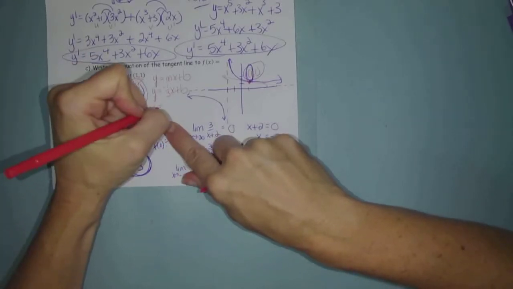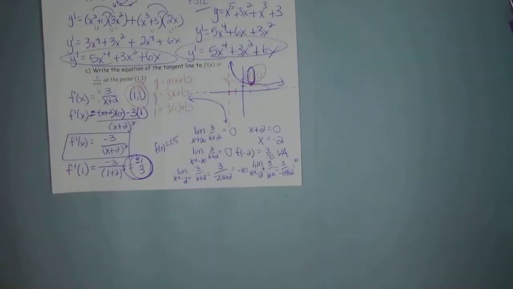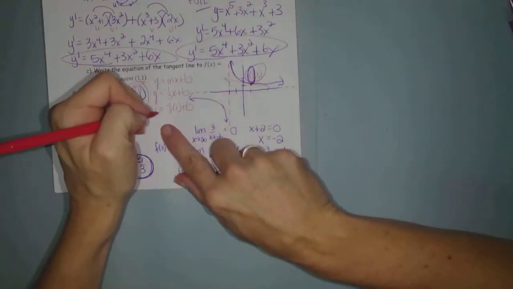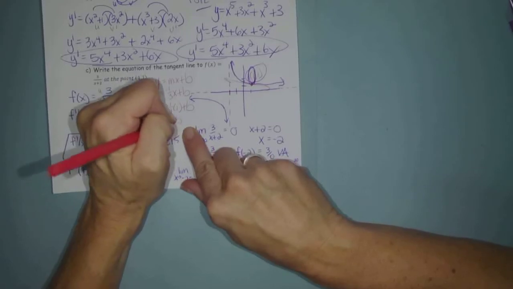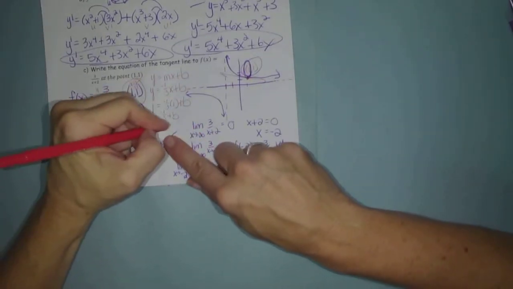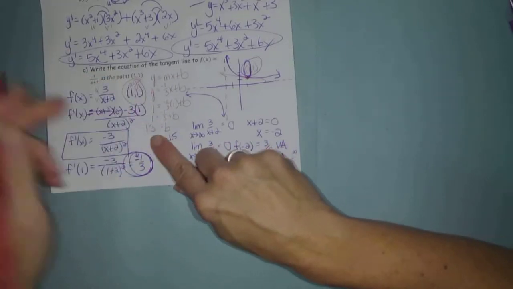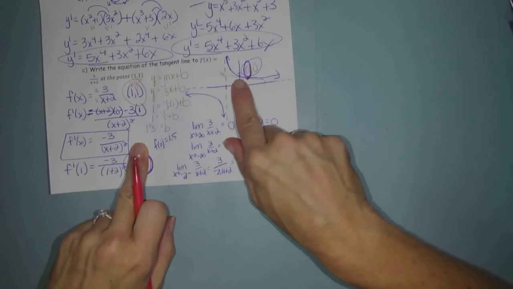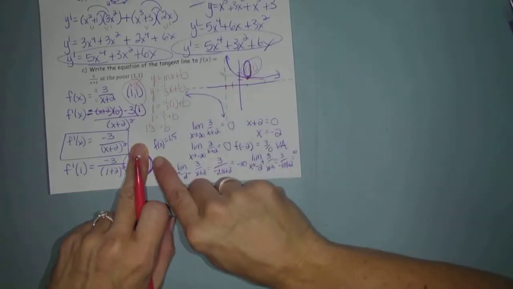So 1 equals negative 1/3 times 1 plus b. And solving that, 1 equals negative 1/3 plus b. So when I add 1/3 over, my b is going to be 1 1/3. And that looks reasonable as the y-intercept there of the line, doesn't it? It's a little under 1.5.